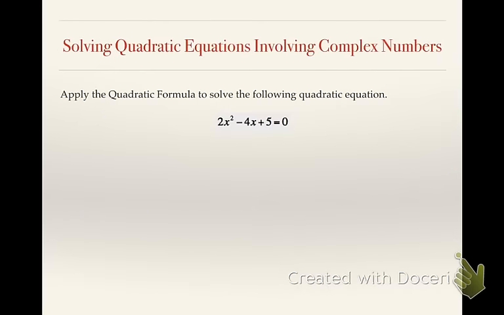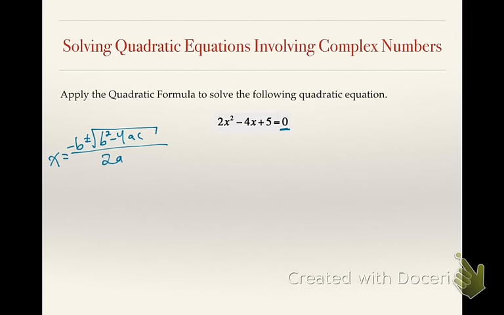Okay, let's look at a situation where you use the quadratic formula that involves complex roots. So let me just copy down the formula. x equals negative b plus or minus the square root of b squared minus 4ac, all over 2a. If I were to plug into the quadratic formula, first make sure it's equal to 0. It is.